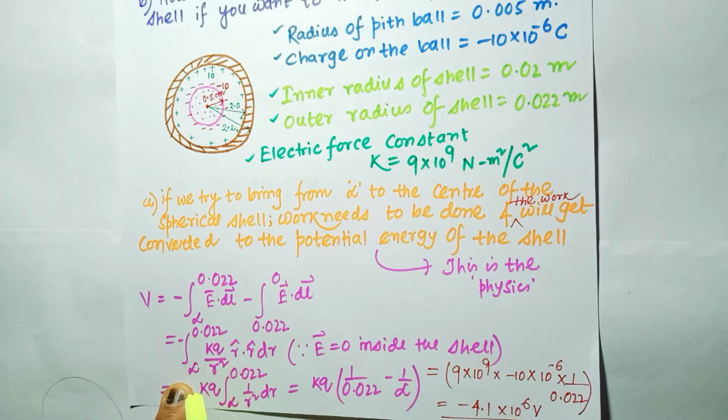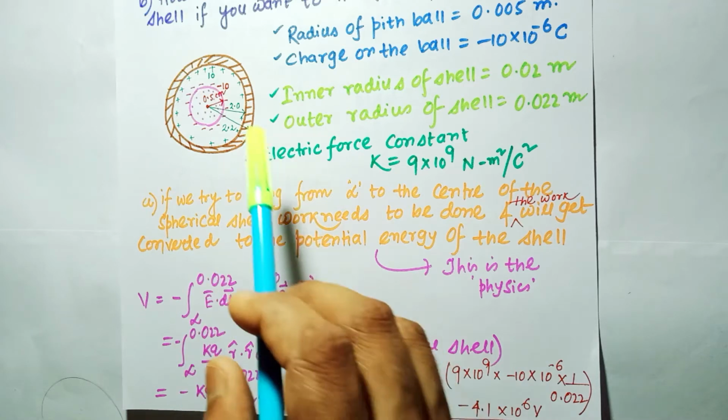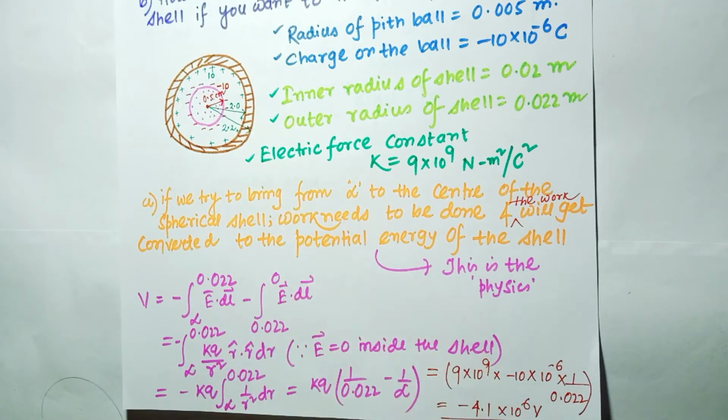It means V equals minus integral from infinity to 0.022 of kq by r square times r cap dot r cap dr. This is the electric field for the spherical shell, kq by r square, where q is the total charge of the spherical shell.